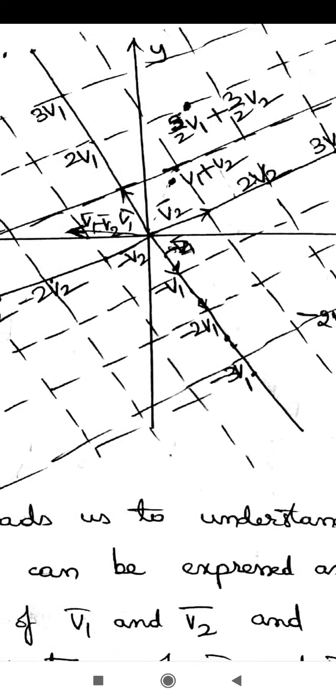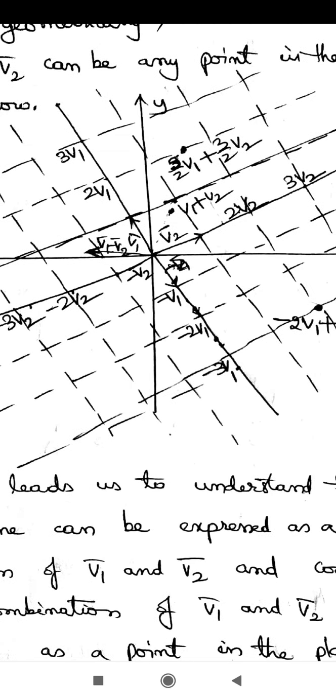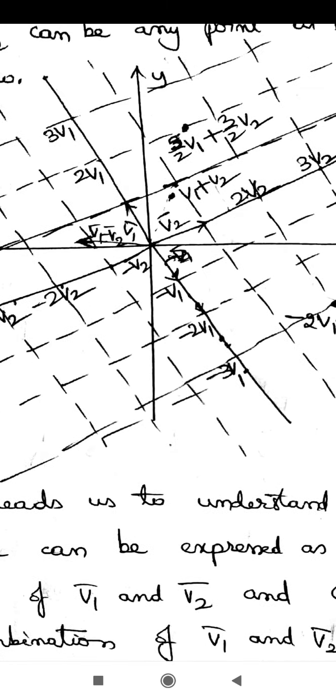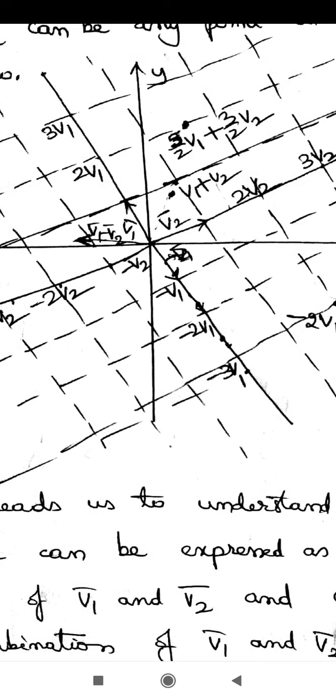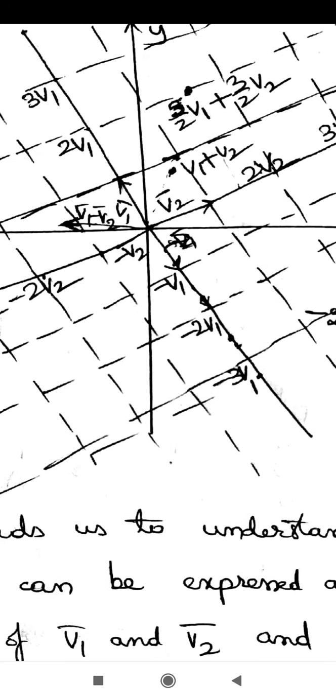If you keep on maintaining the distance v2 on either side of v1, extending like that, we can get so many parallel lines. In the same manner for the vector v2 also, at a distance of the vector v1, we can get so many parallel lines on either side of v2.